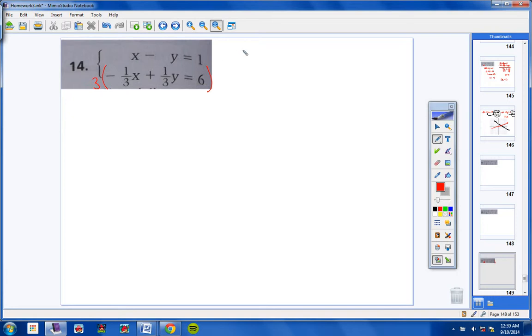My top equation will stay the same, x minus y equals 1, and my other equation will be, well, 3 times negative 1/3 is negative 1x, 3 times 1/3 is a positive 1y, and then 3 times 6 is 18. So I have now rewritten my problem so that I no longer have any fractions in my bottom equation. Okay, that's a big help.